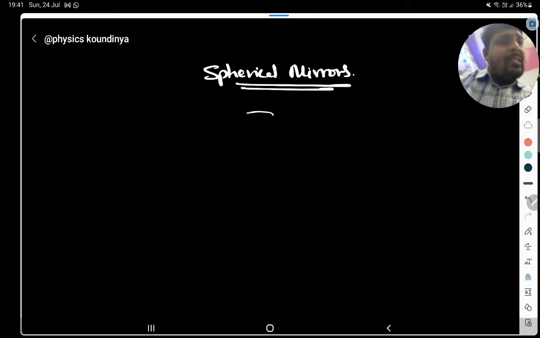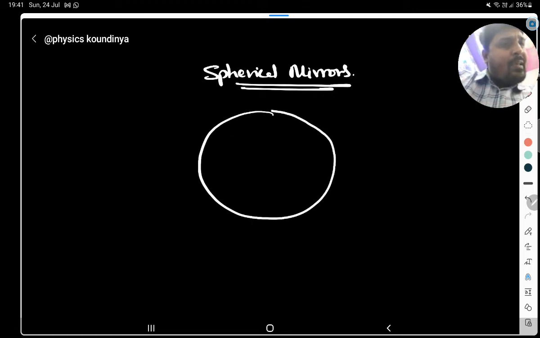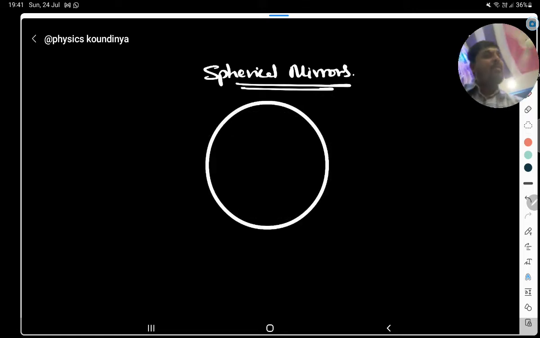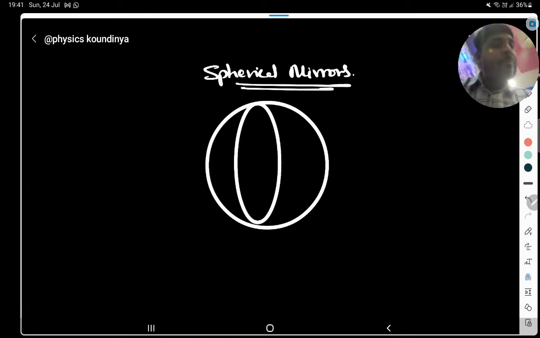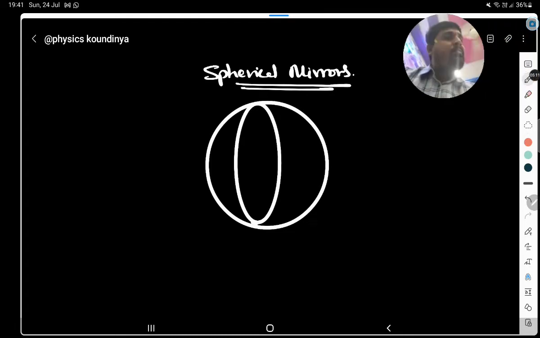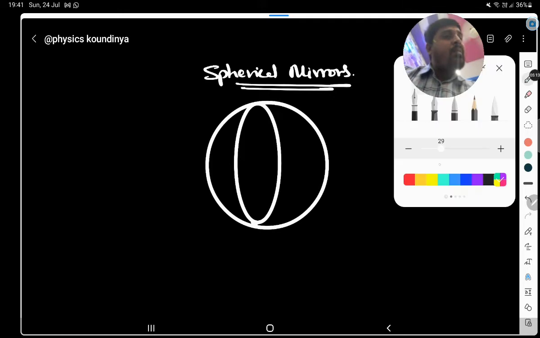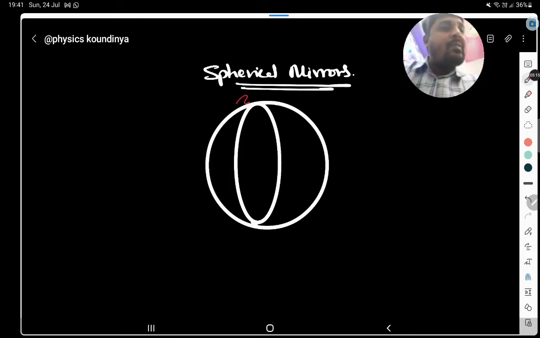Okay, let us assume that it is a sphere, and we have taken a small portion from the sphere. So this is the small portion from the sphere. Now I'm just silvering the outer surface.